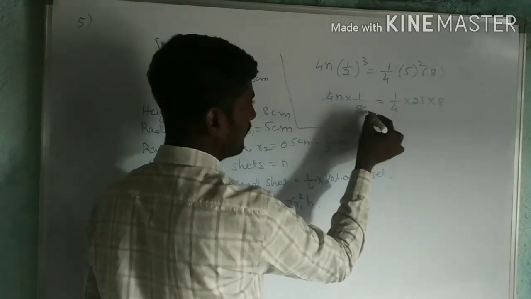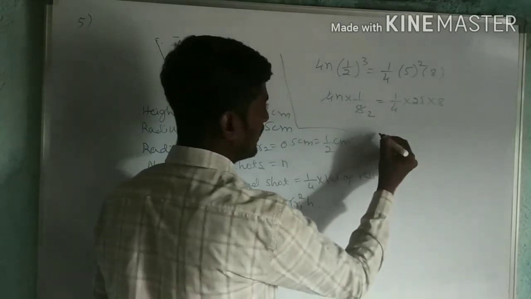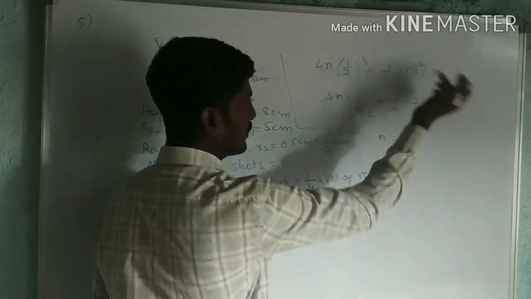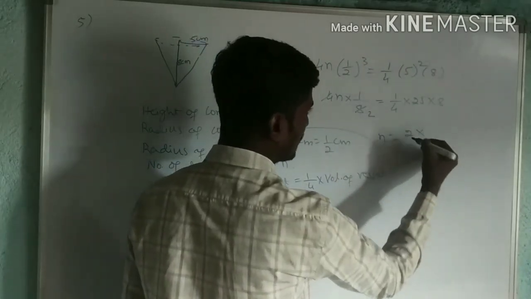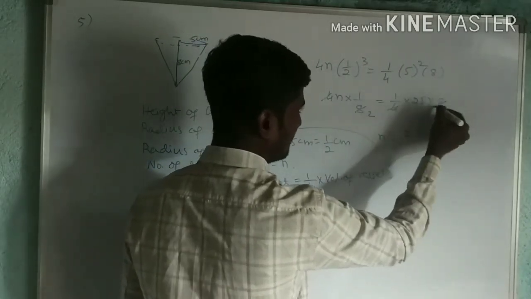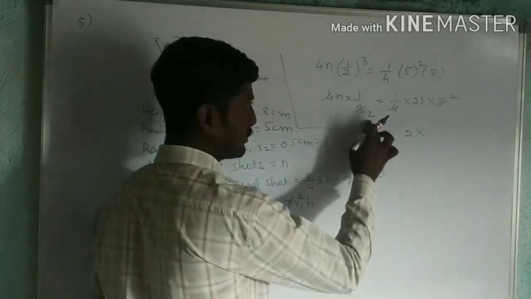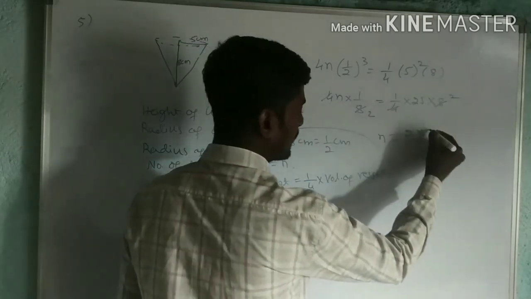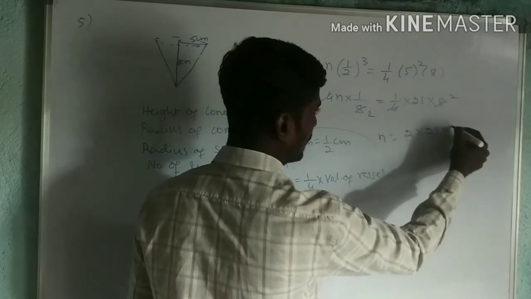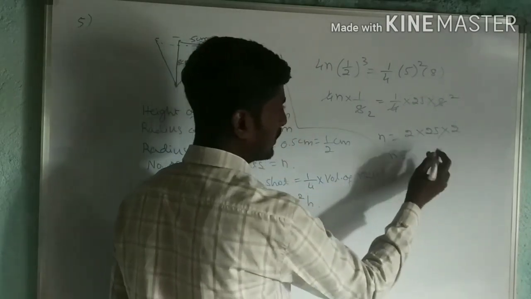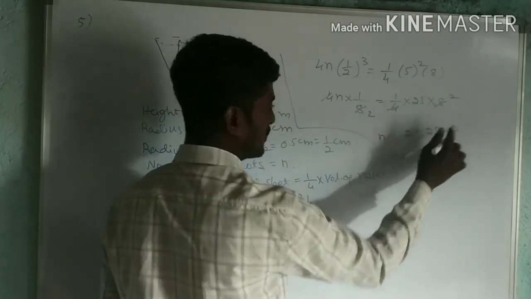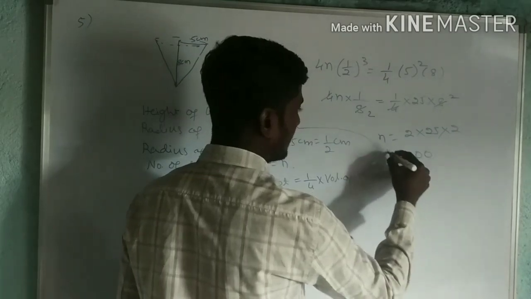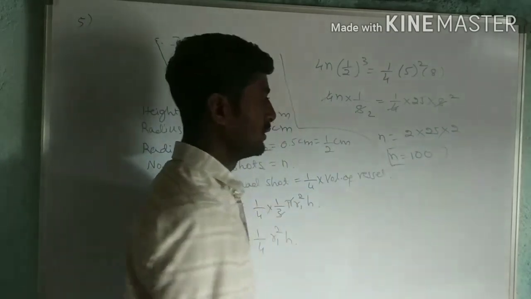Now n is equal to, this 2 goes to that side, 2 into 25 into 2. So n is equal to 25 twos are 50, 50 twos are 100. So the number of lead shots is 100.